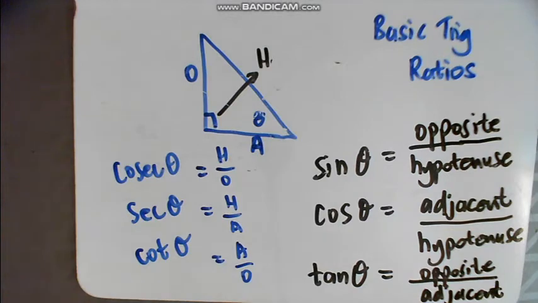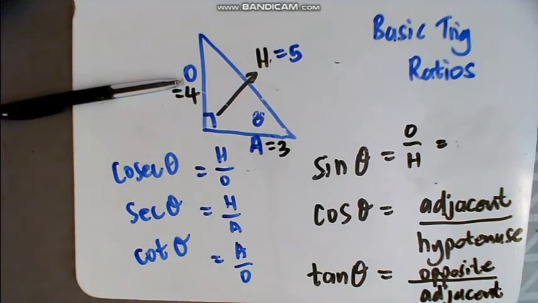So now we're going to give the triangle values. We're going to give it numbers. A question they could ask is, calculate sine theta. Sine theta will be equal to, by definition, the opposite over the hypotenuse. So all you have to do is put the numbers there.